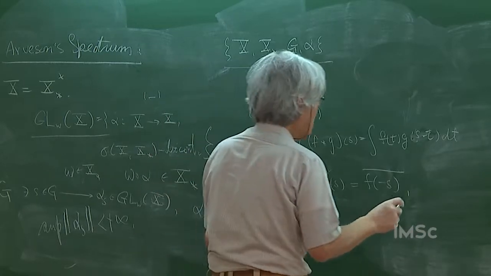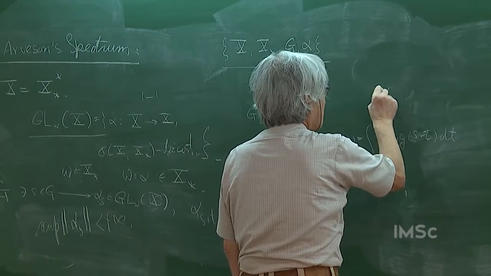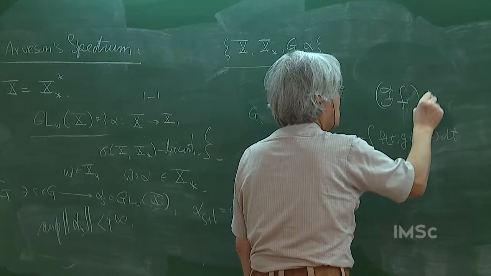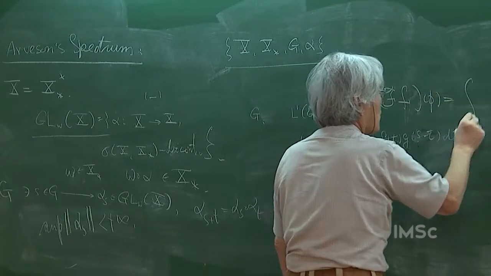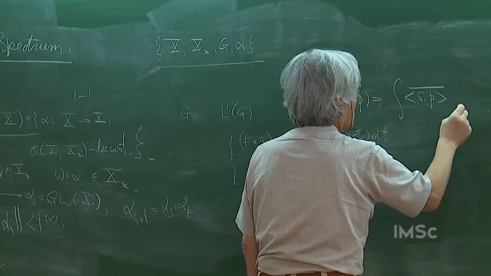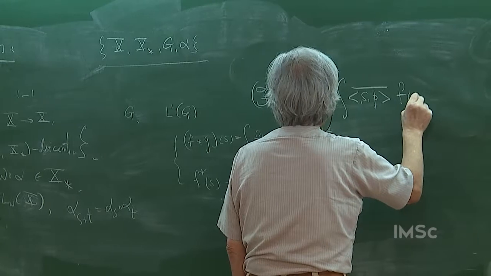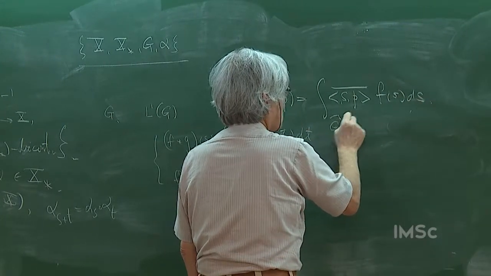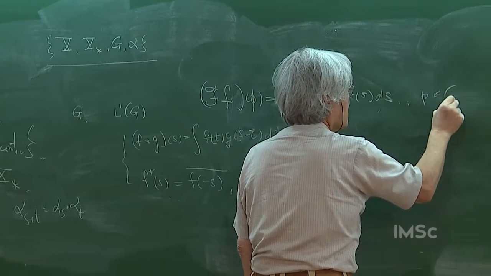Then what happens is when you apply the Fourier transform, the integral of f(s) times the character over G, p in G hat.